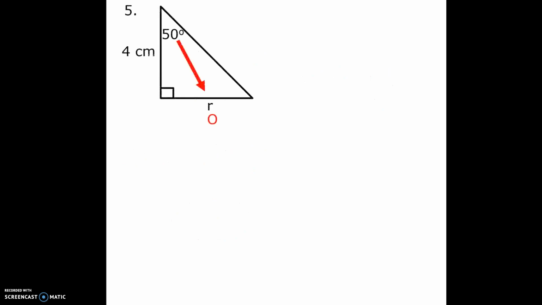Let's look at one more. So 50 is the angle I'm given. R is opposite and 4 is adjacent. So we have opposite and adjacent. So we have TOA, so tangent of 50 equals opposite over adjacent. Multiply by 4.